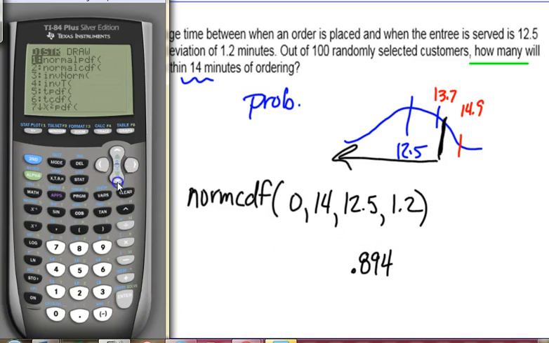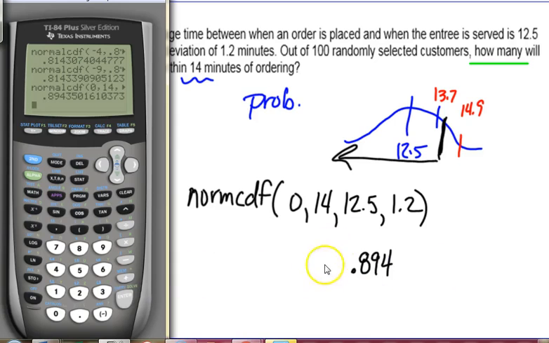Yeah, I did 9, but why is it so significantly different? Okay. 0 time to 14 minutes with a mean of 12.5 and a standard deviation of 1.2. I had -9.